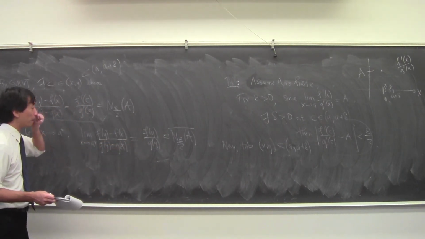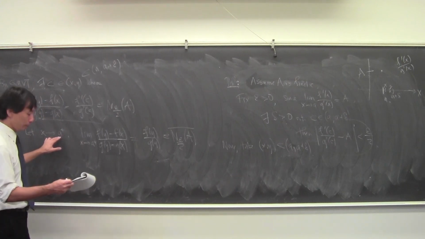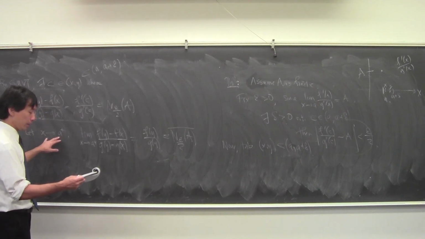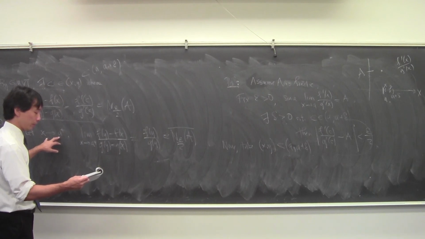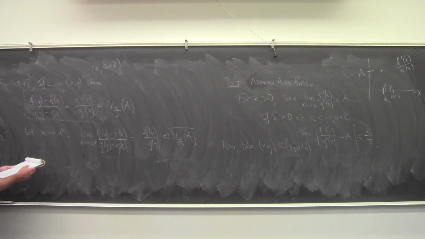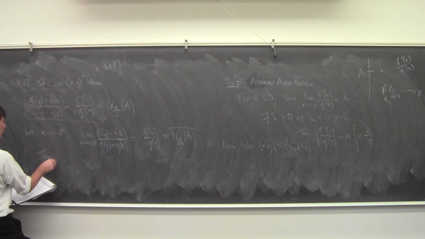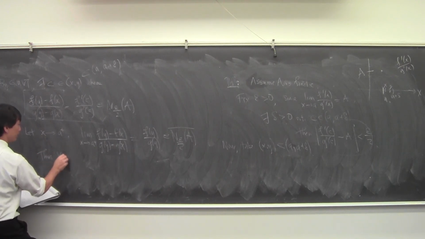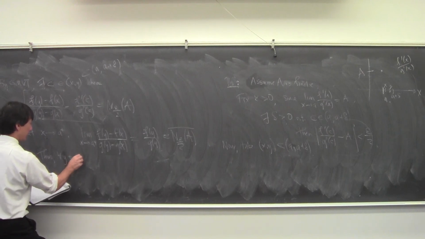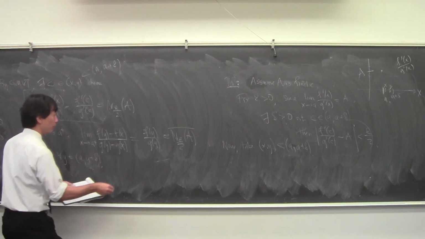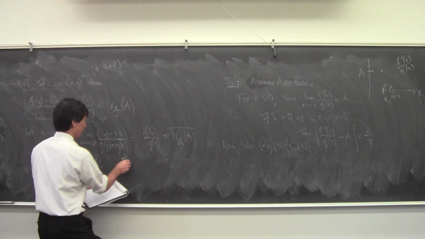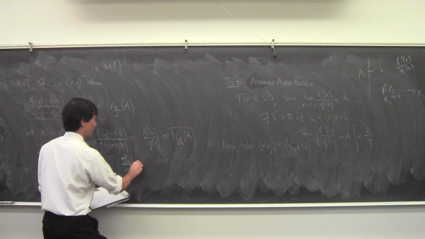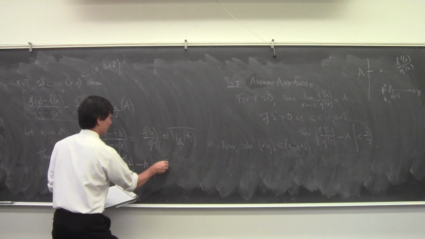Okay, so we get this. So that says that thus for all y in that a plus delta, we have that f of y over g of y minus a is smaller than epsilon, right?